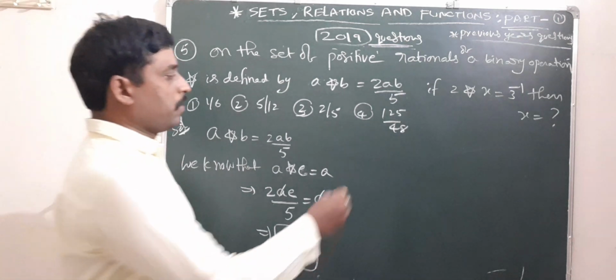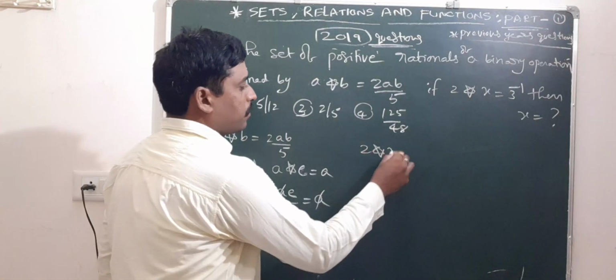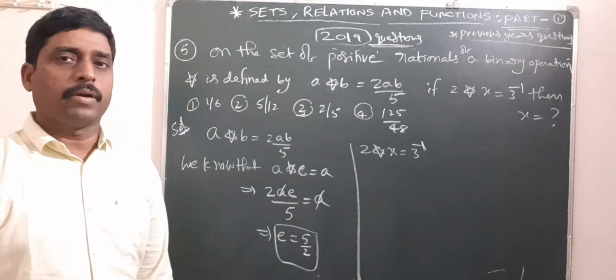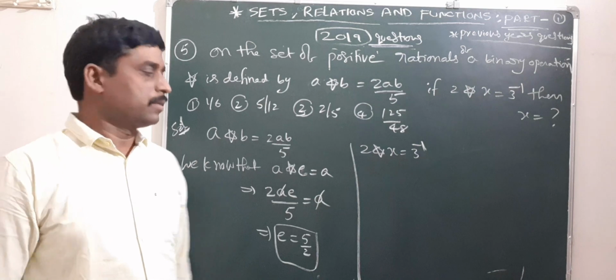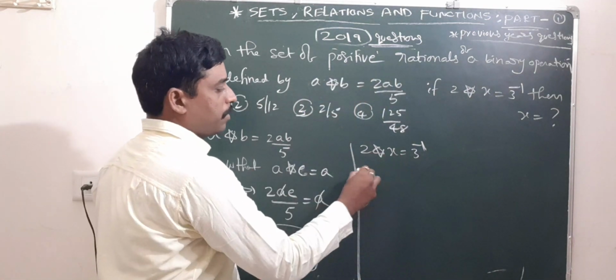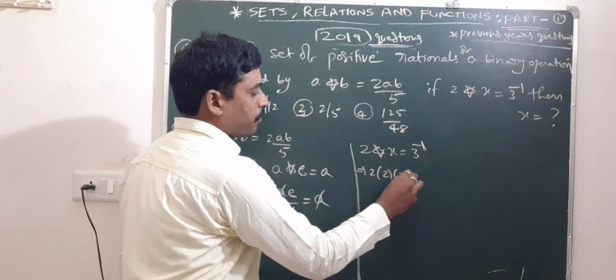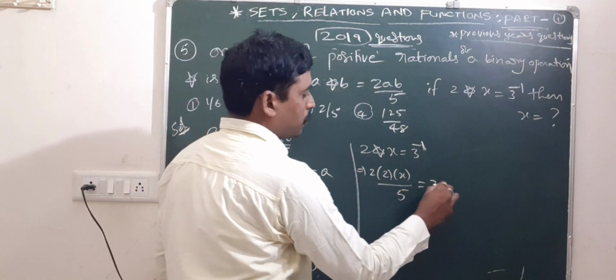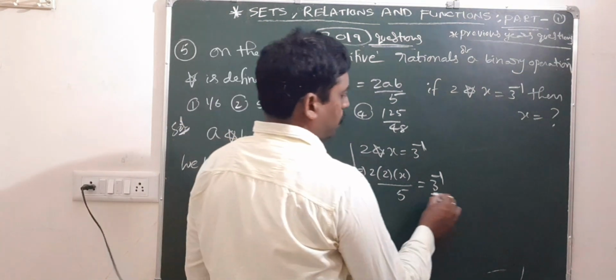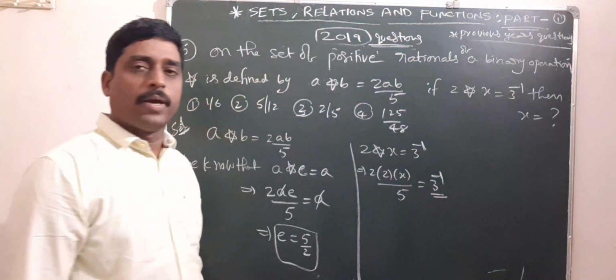Now what is the given condition? 2 star x is equal to 3 inverse. a star b is defined by 2ab by 5, so 2 star x is defined by 2 into x by 5. This is equal to 3 inverse. First we have to find 3 inverse.